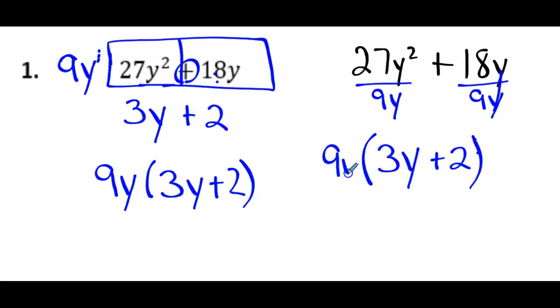I divided it by 9y. So, this is my answer. Okay? Here's the thing. You're going to forget to write this part here using this method. Using this method, you just need to write down both of the things on the outside multiplied by each other. So be careful when you're deciding which method to use.